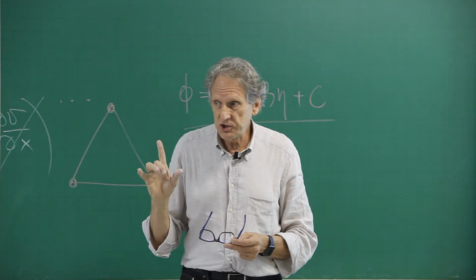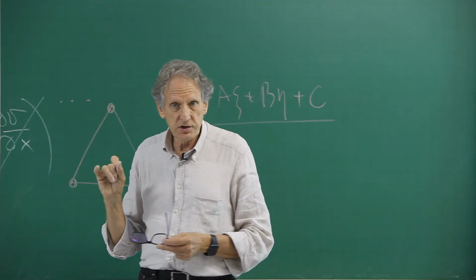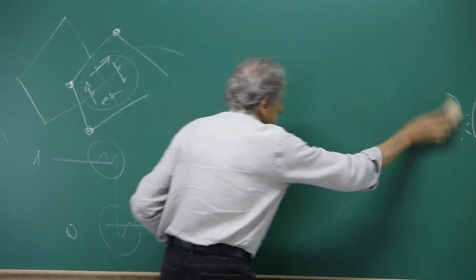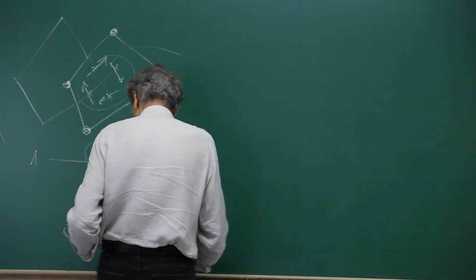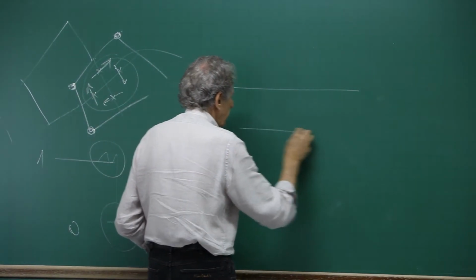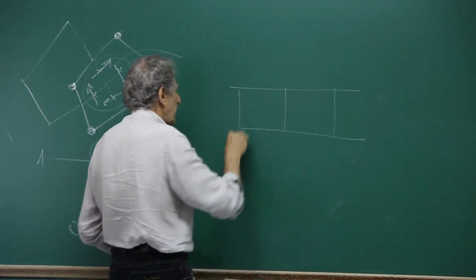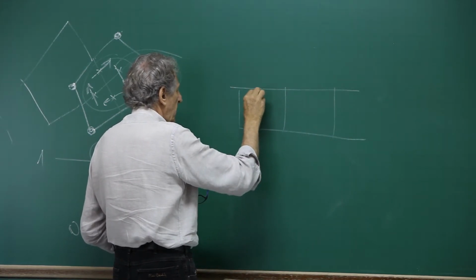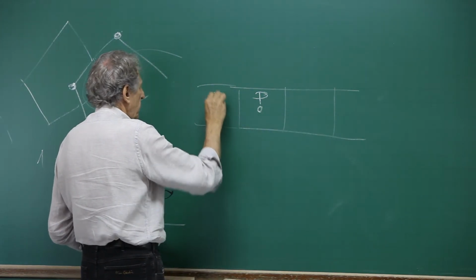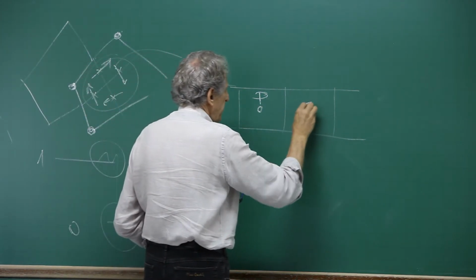Upwind schemes do not generate negative coefficients. Let me explain this a little bit here. Let's put some one-dimensional problem here: P, W, E.